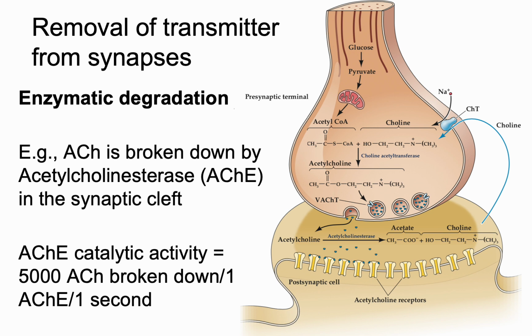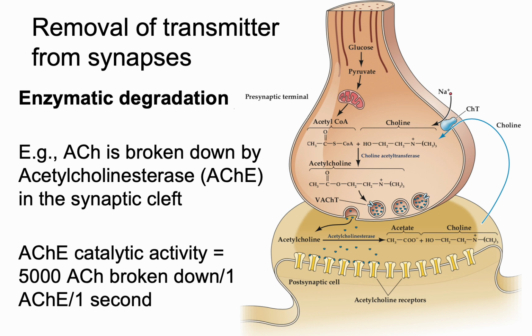So one of the ways that acetylcholine is removed from the synaptic cleft after it's released by the presynaptic neuron is through enzymatic degradation. It's broken down by an enzyme called acetylcholine esterase, which exists in the synaptic cleft.